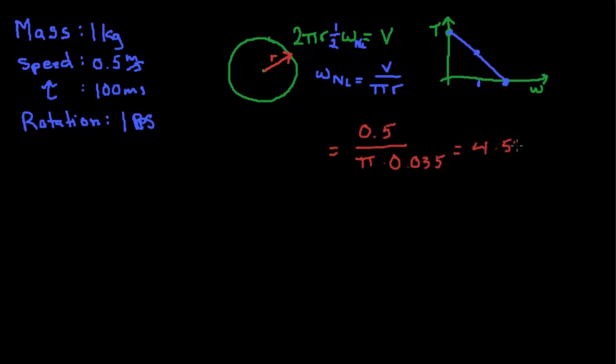That gives us 4.55 radians per second, which converts roughly into an RPM value of about 44 RPM.